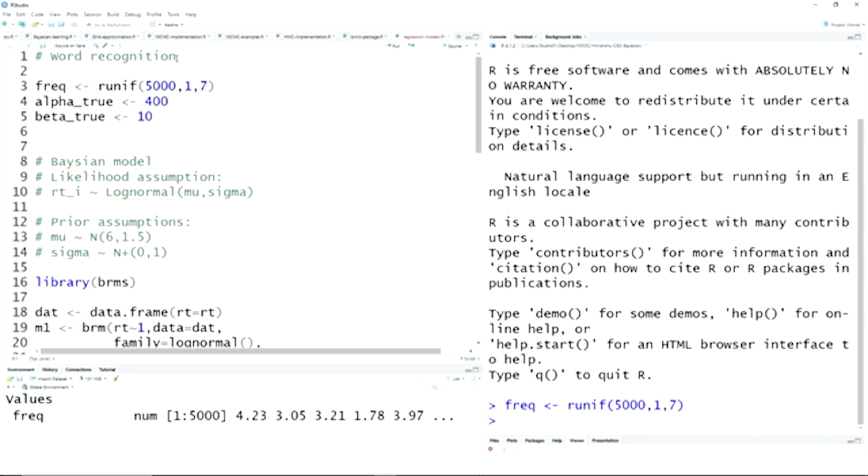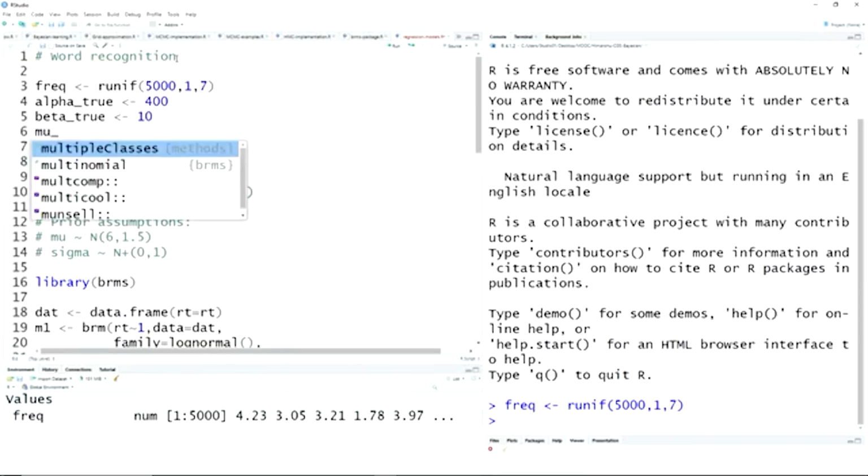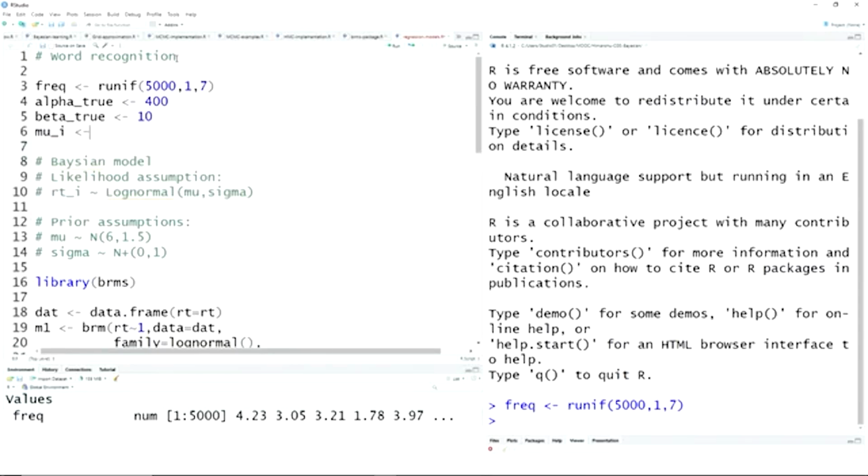And now I will estimate mu i. I'm doing this just to generate fake data. I will generate fake data from the same model so that when we fit the model, we get these true estimates, right? We want to verify whether we are getting these true estimates or not.